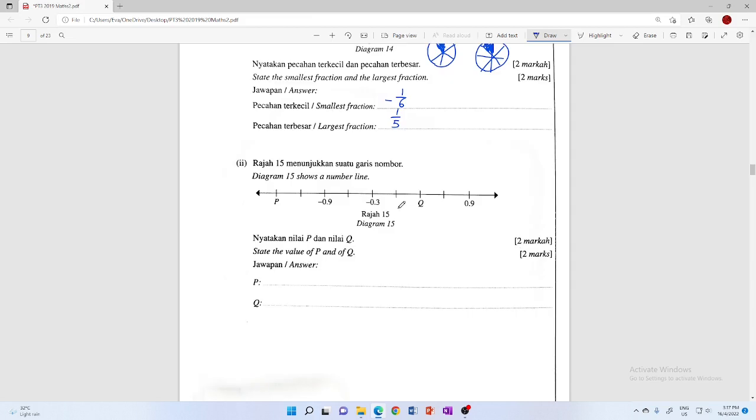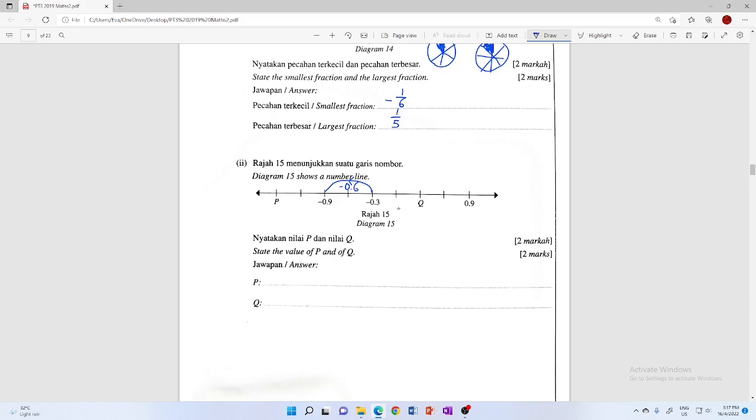So question 2. You need to find out the value of P and Q. First we need to look at the difference between negative 0.3 and negative 0.9. From here to here, you need to minus 0.6.